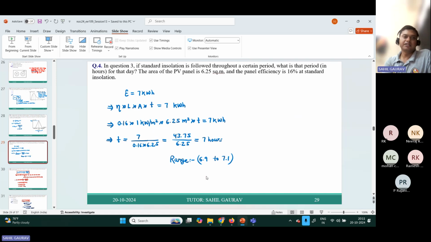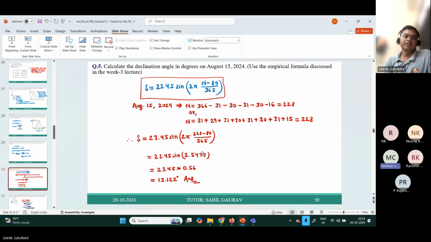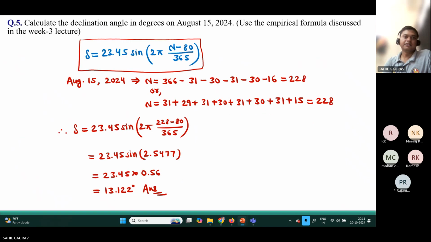Coming to the next problem. In this problem, they're asking about the declination angle in degrees on August 15, 2024. Use the empirical formula discussed in the week 3 lecture. So the declination angle expression is 23.45 sine of 2 pi into n minus 80 upon 365.